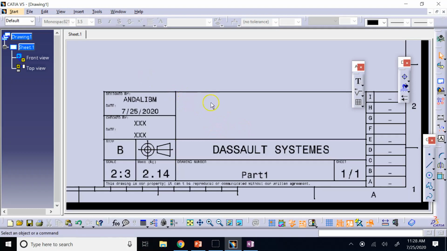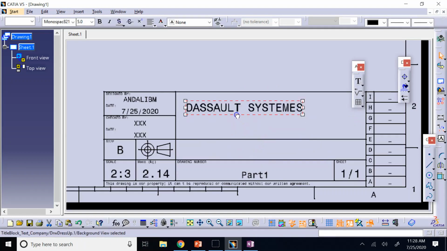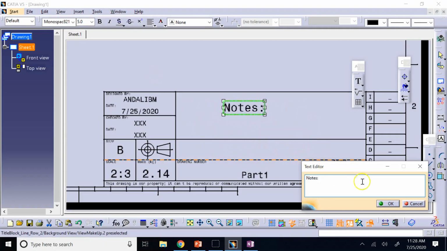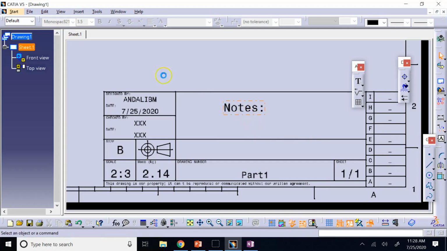So one of the things that I want you to have in your frame and title block is called notes. Okay, so I want you to have something called notes.